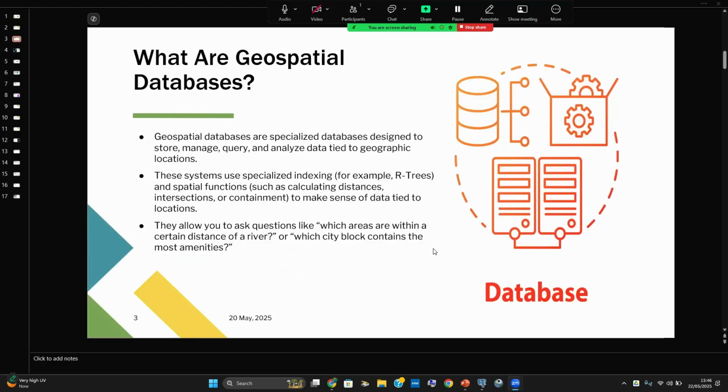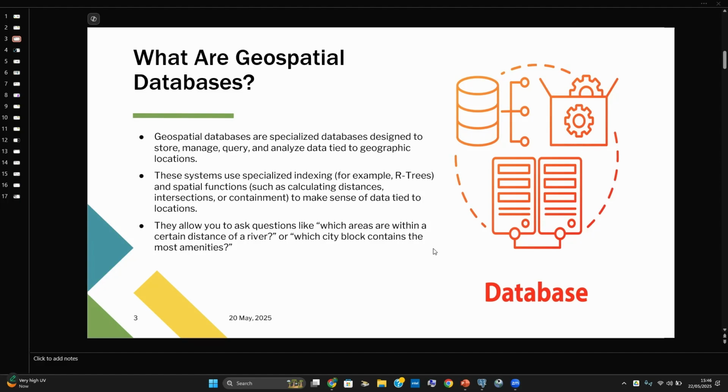So, geospatial databases are specialized databases that are designed to store, manage, query, and analyze data that is tied to some geographic location. Unlike conventional databases that work primarily with numeric and text data, geospatial databases support spatial data types. This includes things like your points, your lines, your polygons.